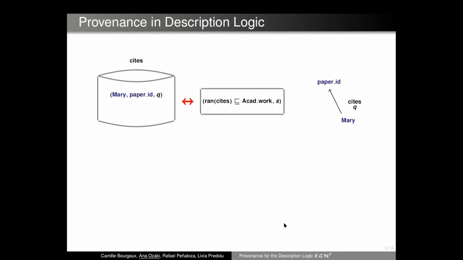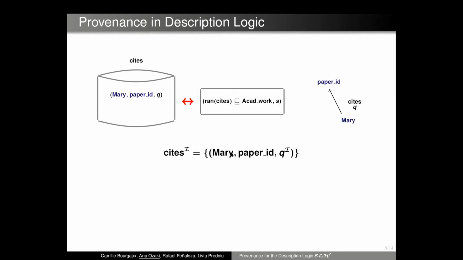So suppose here that we have this fact that Mary cites a paper ID with provenance Q, and we also have this concept inclusion that the range of cites is an academic work with provenance S. So in our semantics, we have that Mary, paper ID, and Q are in the extension of cites.